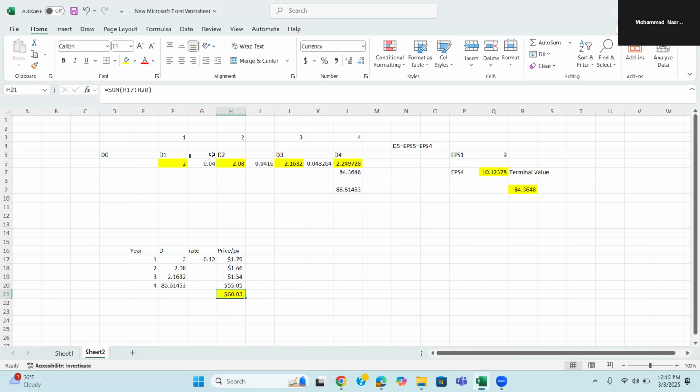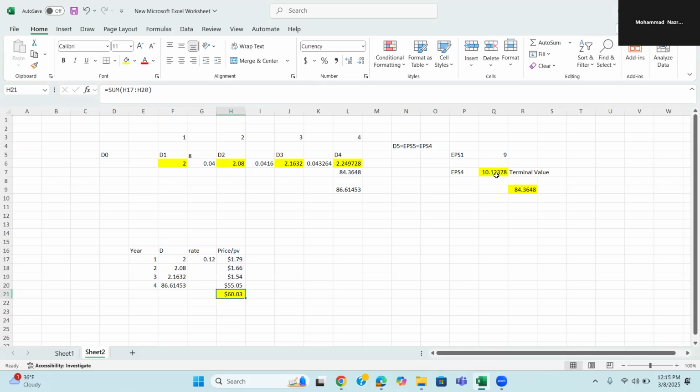So the intuition is that you find all the dividends for the 4 years, and for the afterwards, for the second stage, you make some intuition here because B5 is actually your EPS 5. As there is no growth, you are actually calculating from the EPS 4, right?